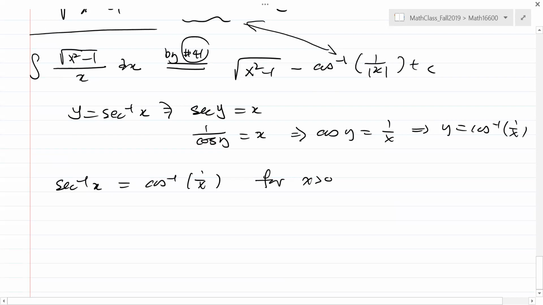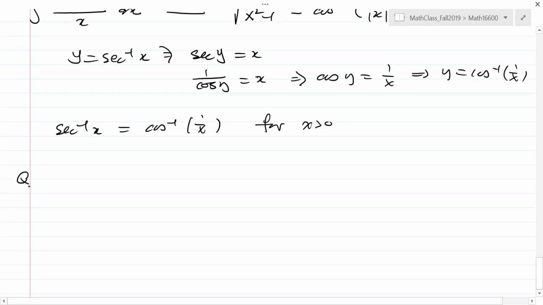For example, the integral of x squared square root 9 minus 4x squared dx.